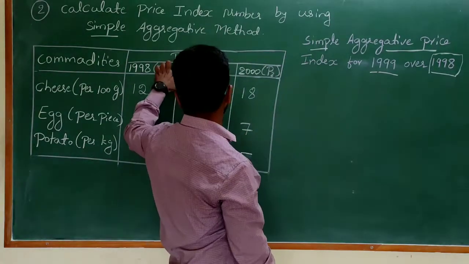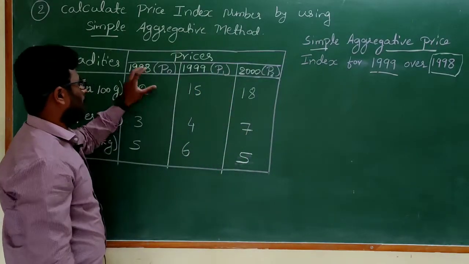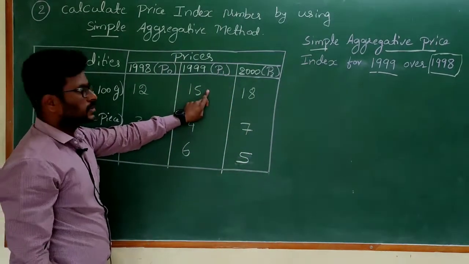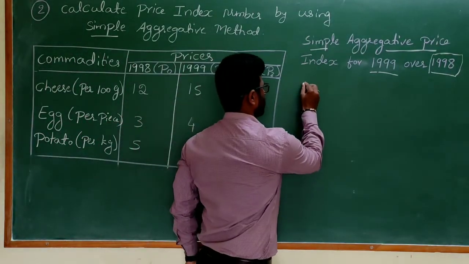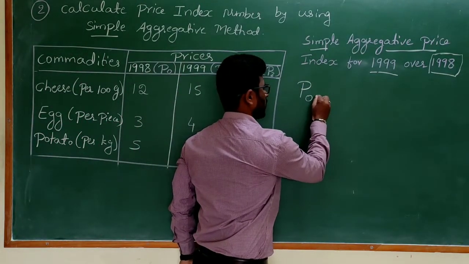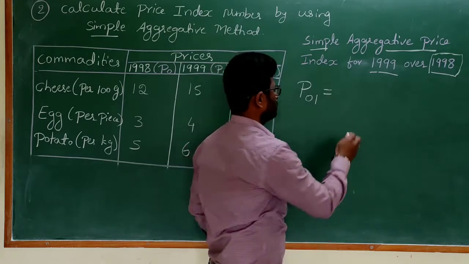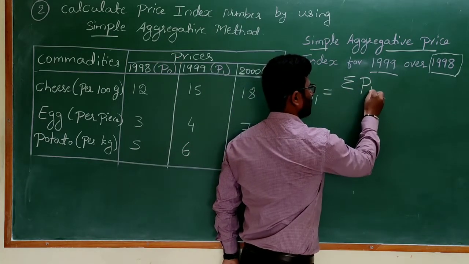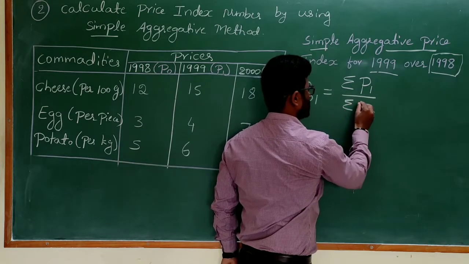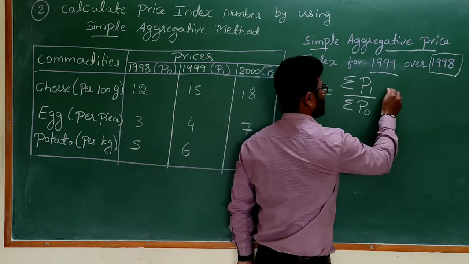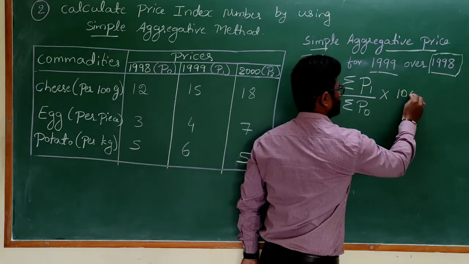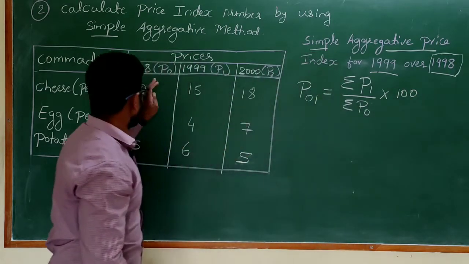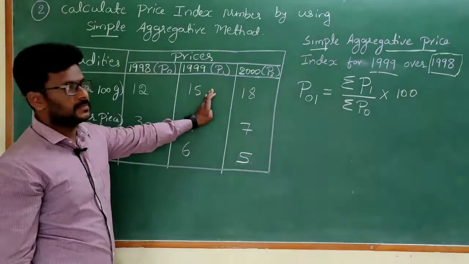We should find the index number for the base year and first current year. The formula is P01 equals summation of P1 divided by summation of P0 into 100. This is the formula for the base year and first current year.